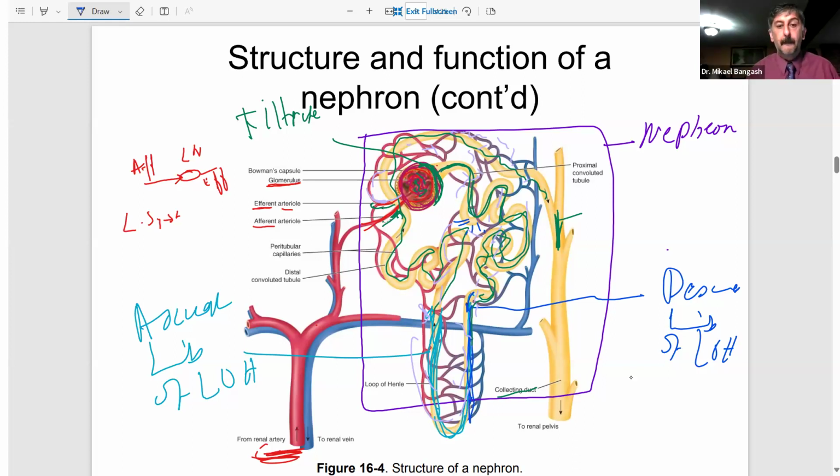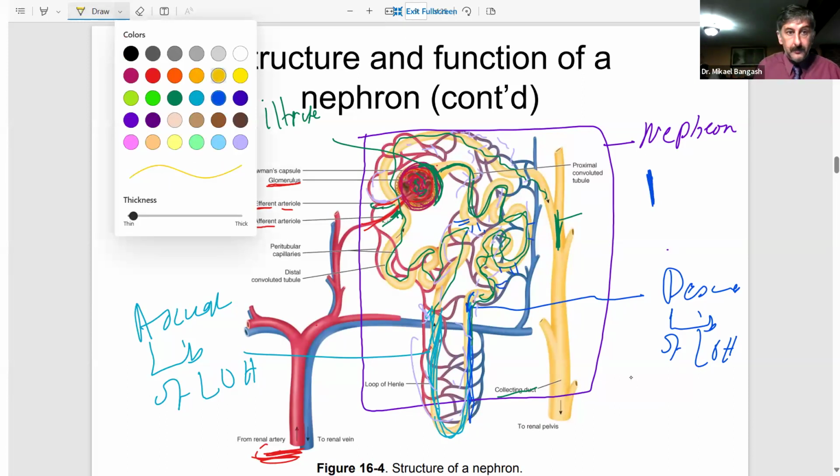But again, we can say this is still going to be a co-transport, because there may be things that still weren't filtered out in the glomerulus, but may still have the chance of leaving the bloodstream and getting picked up by the tubules. So you have the peritubular capillaries, and you have the tubule.